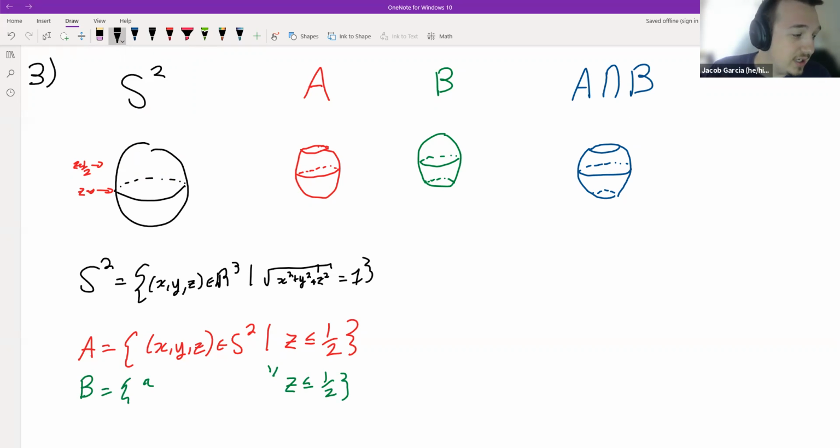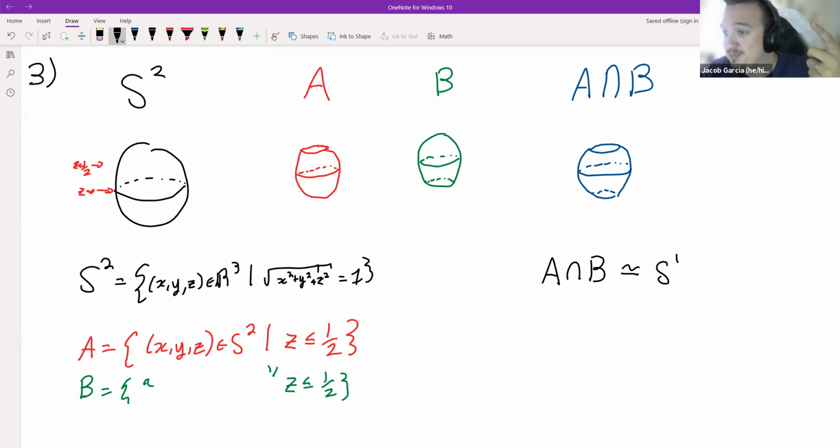And so this is kind of nice because in homology, A intersect B is the same as S1. There's a deformation retract, in fact I think there's a strong deformation retract. This is an annulus, topologically, A intersect B is an annulus, and an annulus has the same homology as a circle.